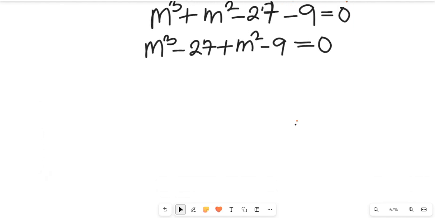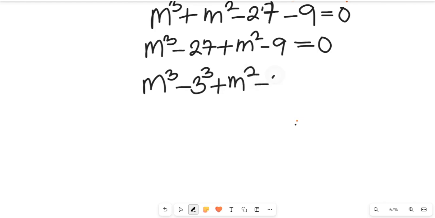Now, if we simplify this, we are going to have m cubed minus, this will be 3 to the power of 3, right? Plus m squared minus, this will be 3 squared, and this will be equal to 0.